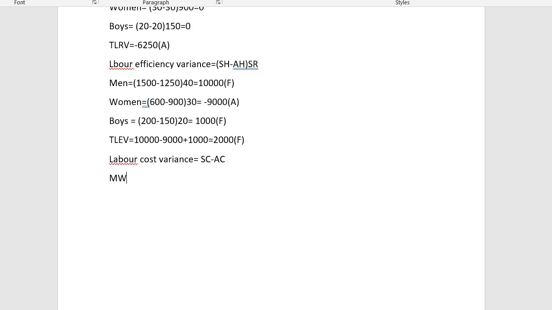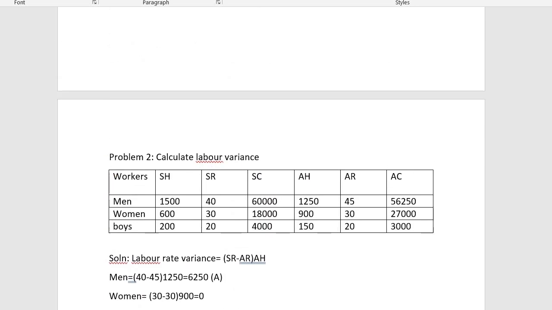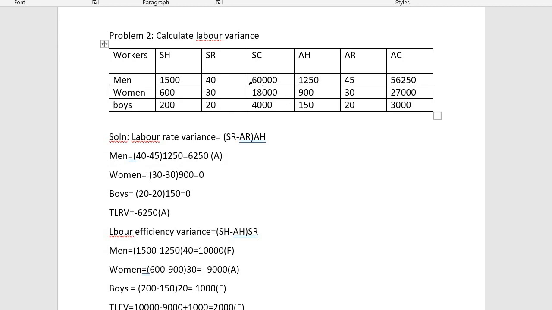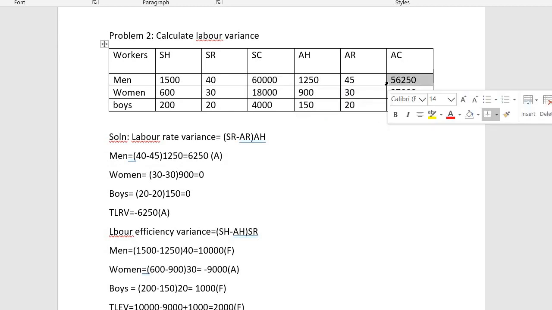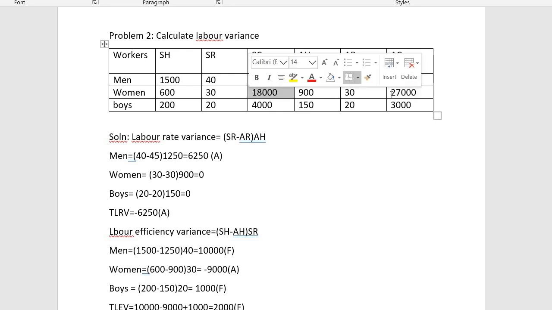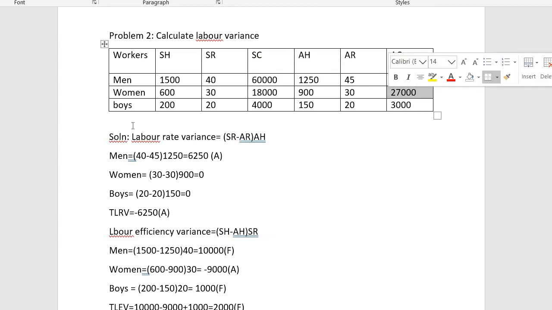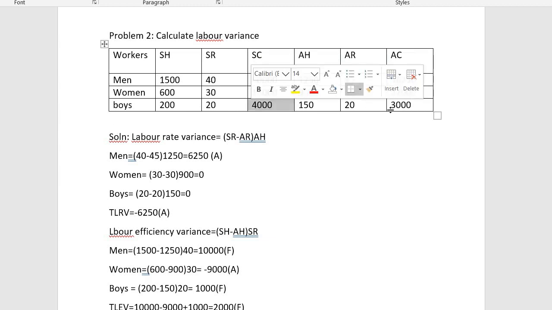For men, you can see in the problem, standard cost is 60,000, actual cost is 56,250. For women, standard cost is 18,000, actual cost is 27,000. For boys, standard cost is 4,000, actual cost is 3,000.